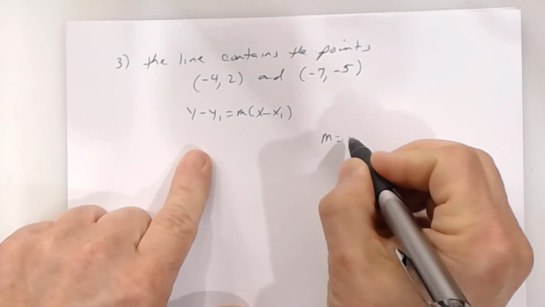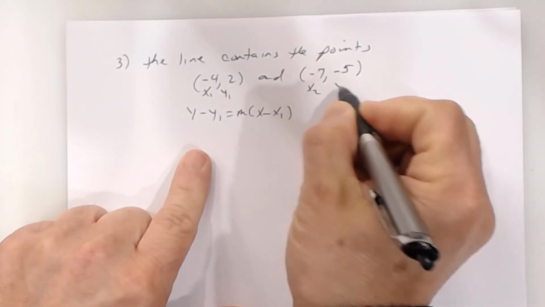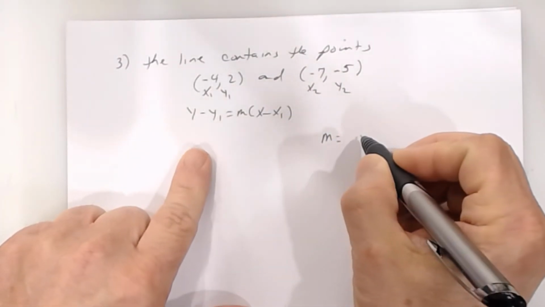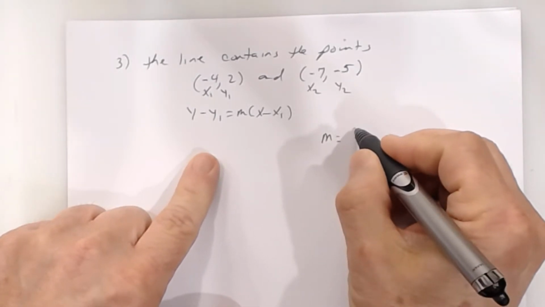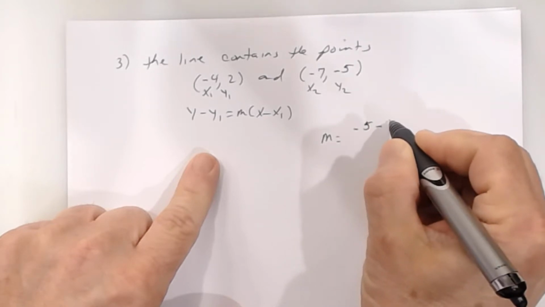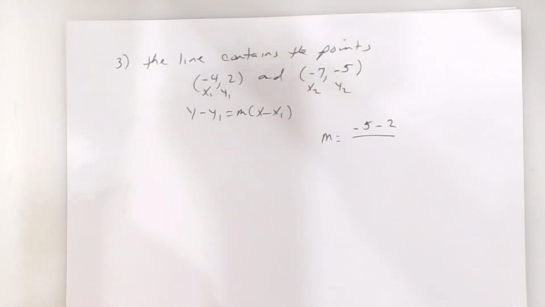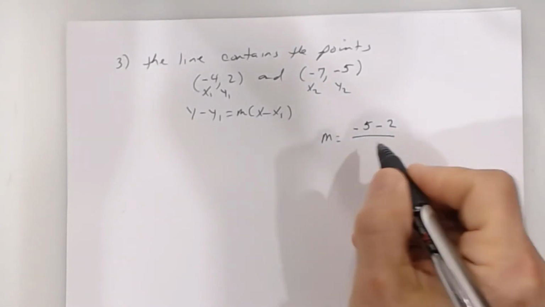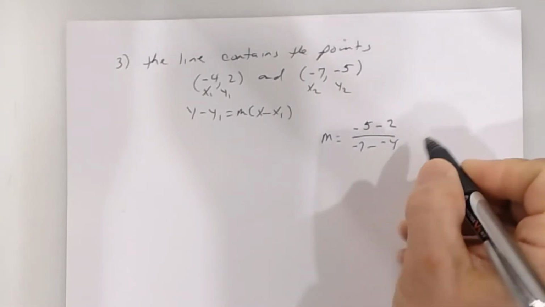So the slope equals, let's label this x1, y1, x2, y2. So the slope is y2 subtract y1, so it's negative 5 subtract 2. Since I started with y2, I've got to start with x2. What's x2? Subtract negative 4.